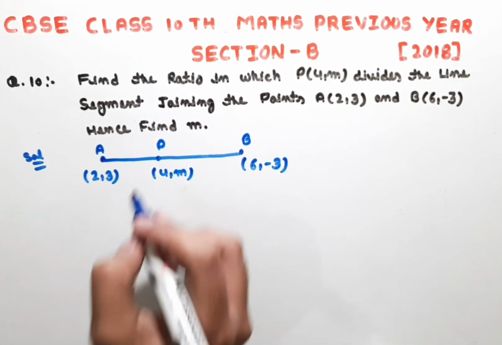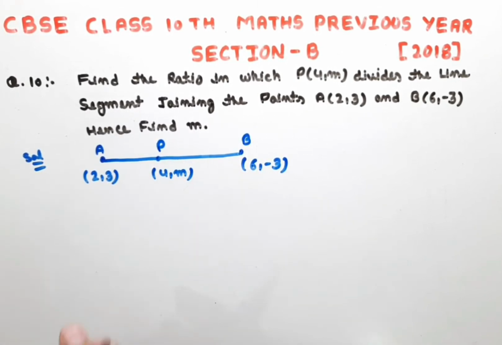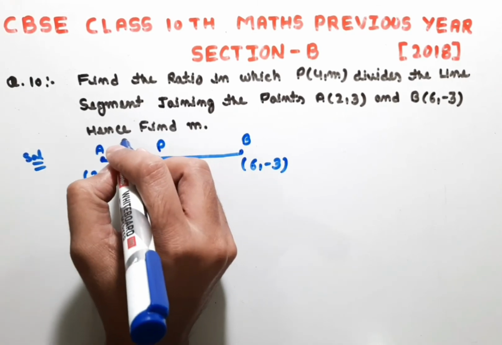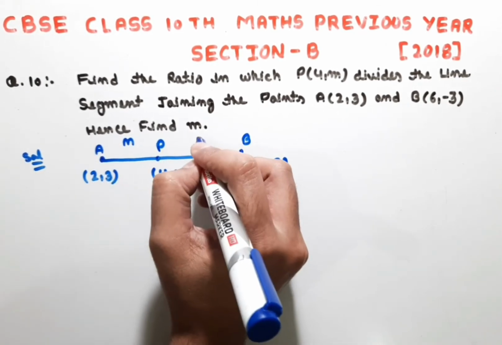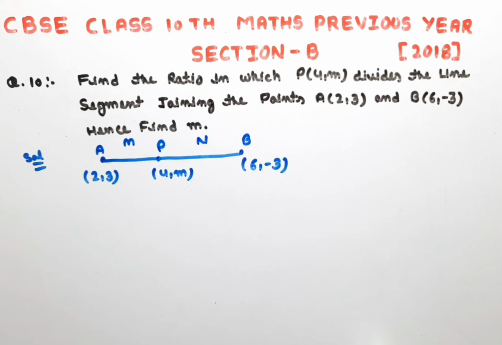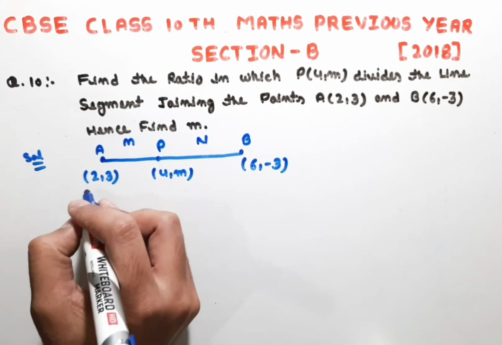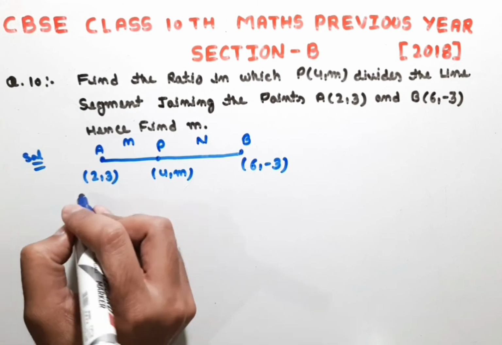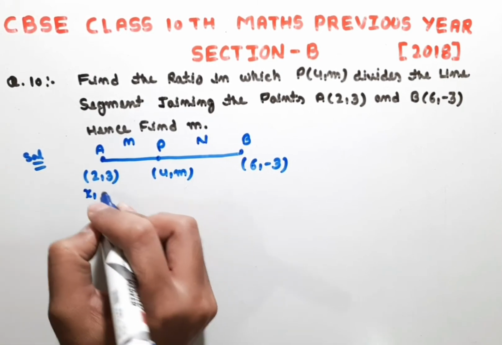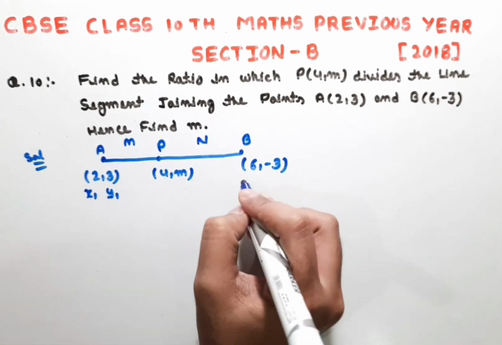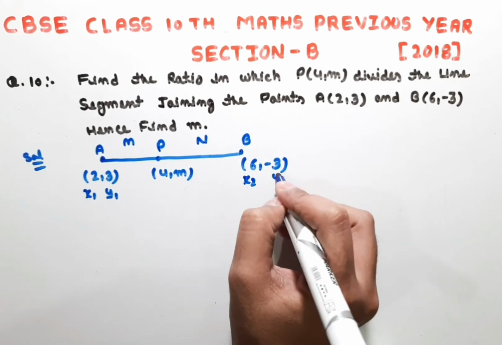Let point P divide line segment AB in ratio m to n. Let these be x1, y1, x2, y2.